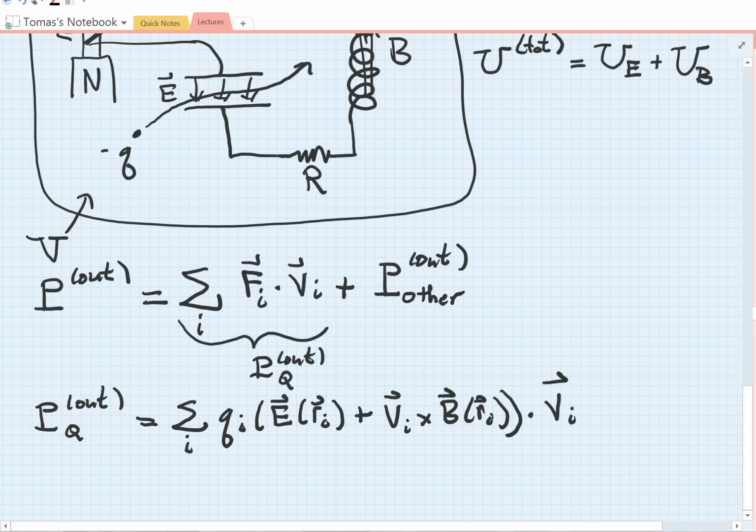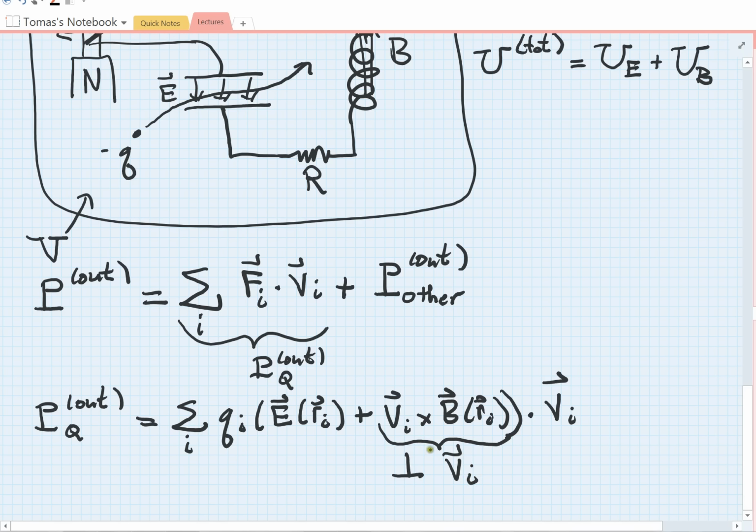Now, in terms of the magnetic field energy, of course, there's a very interesting result. We know that the cross product of V and B has to always be perpendicular to both vectors, and in particular, it has to be perpendicular to the velocity Vi.